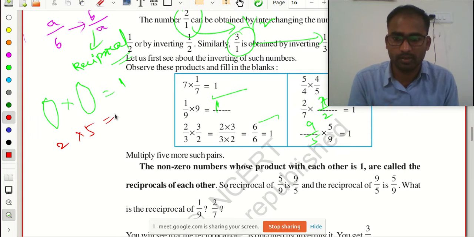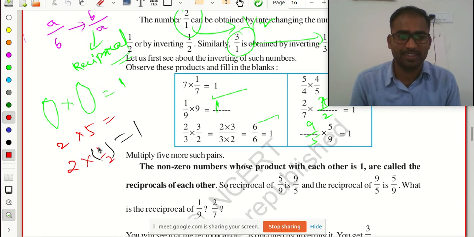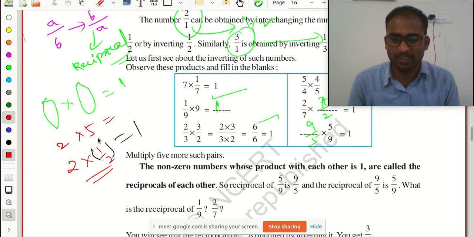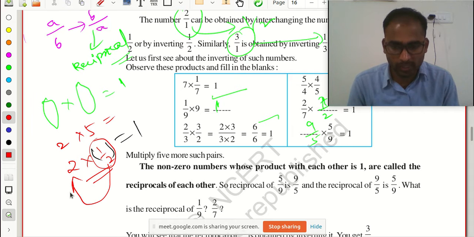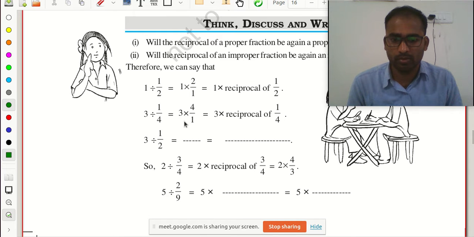So 2 multiplied by what should I put here to get 1? 1 by 2. Then this 1 by 2 is called the reciprocal of 2, or this 2 can be called the reciprocal of 1 by 2 in this way also. Clear? Just think and discuss and do it after the class.